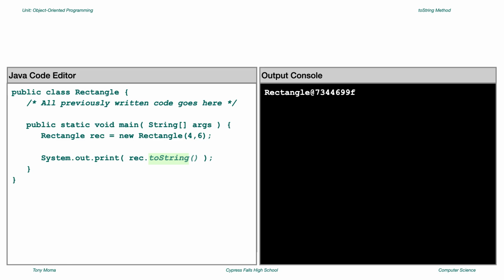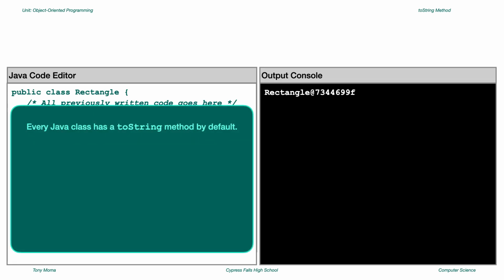Now, you might be wondering, how could my rectangle class have a toString method when I never gave it one? I never wrote code for it. Well, the answer to that is every Java class has a toString method by default. So even if you don't write a toString method yourself, Java will give it one by default. And what that method does is return a string representation of an object.